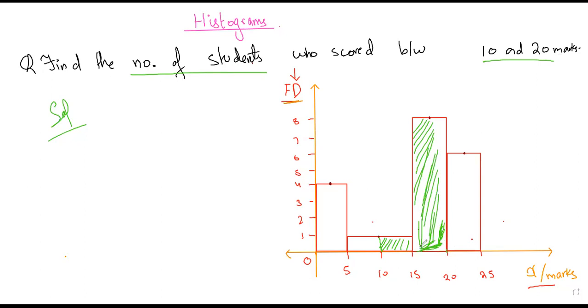We know how to find the area of rectangles, don't we? So let's do that easily. I want you, both of you, to find the area of this green shaded part and tell me.